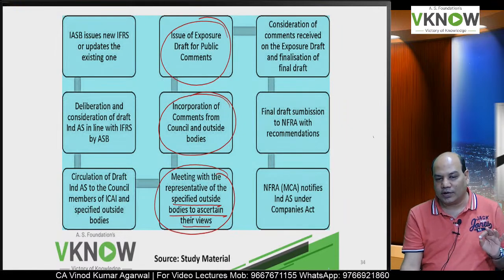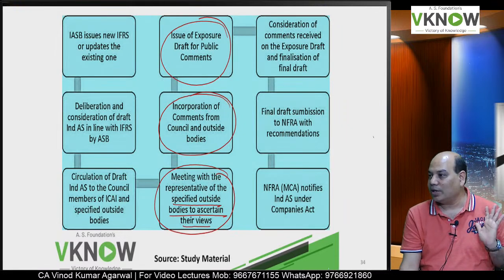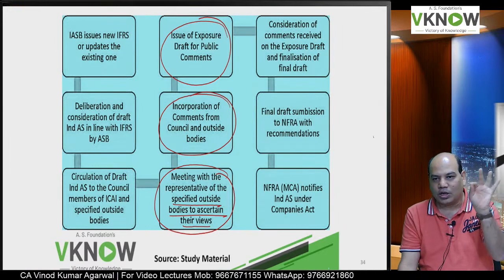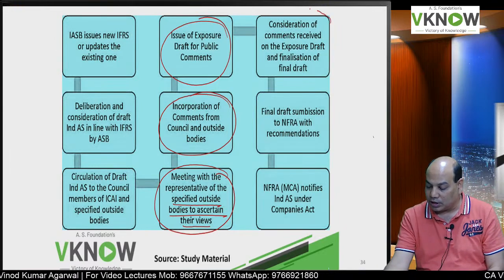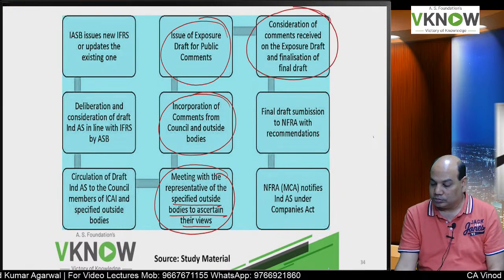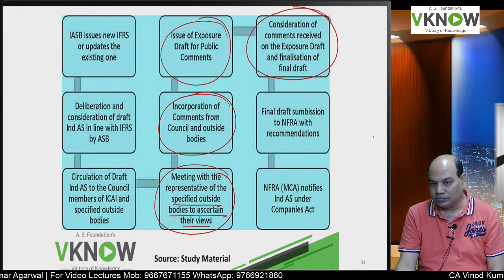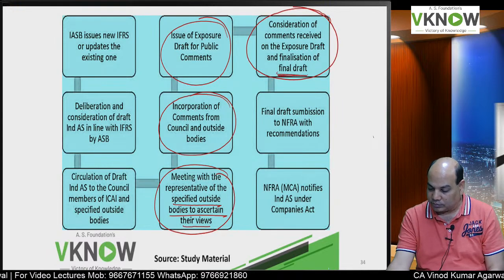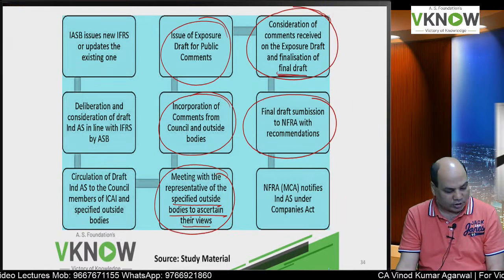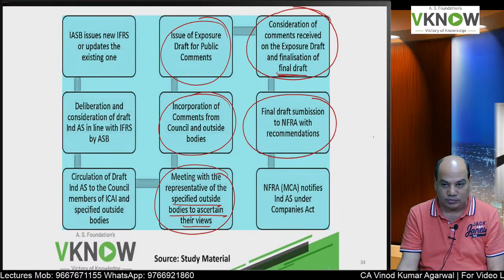So you will find on the ICAI website, even you can comment. You can say that no, I want that it should be like this. So then they start collecting comments from a large number of people and they will prepare a final draft. The final draft is submitted to NFRA. What is that NFRA? I forgot.